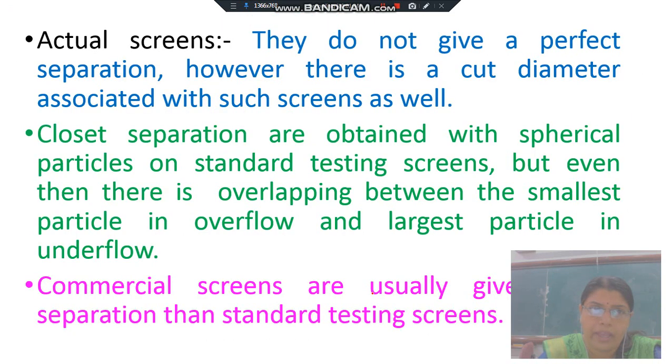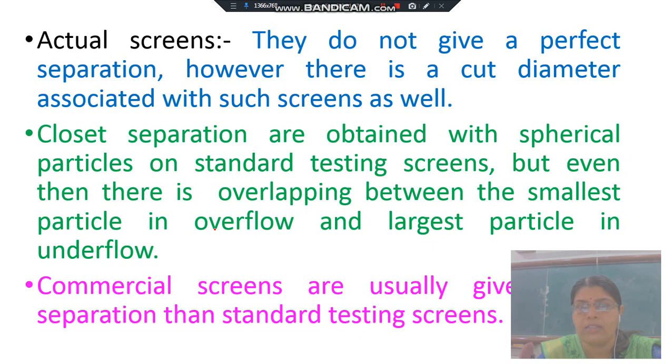Next, actual screens. If we compare the performance of the actual screens, they do not give perfect separation like the ideal screens. The closest separations are obtained with spherical particles on the standard testing screens, but even then there is an overlapping between the smallest particle in the overflow and the largest particle in the underflow.